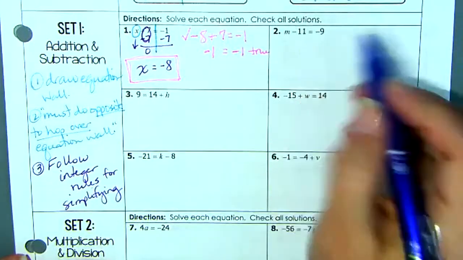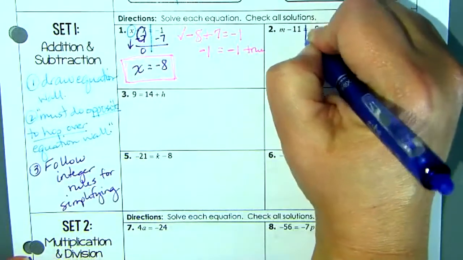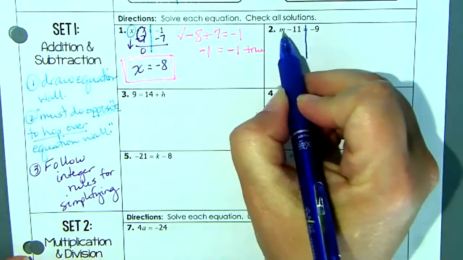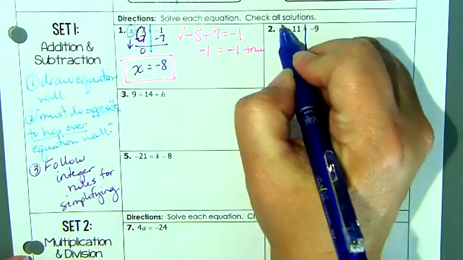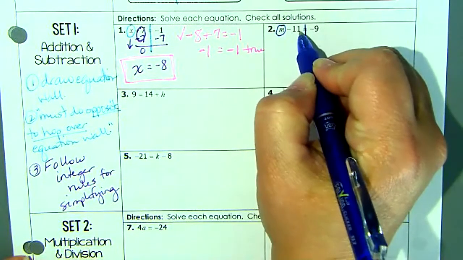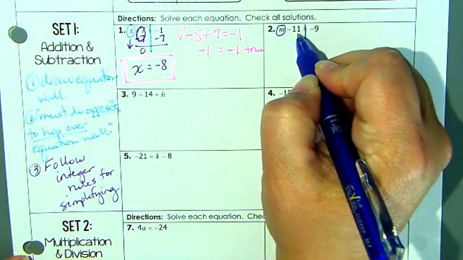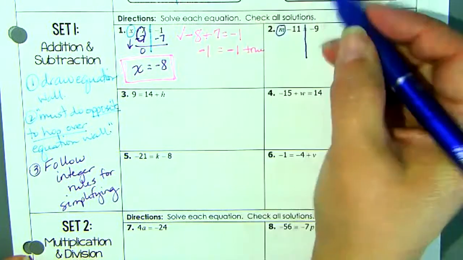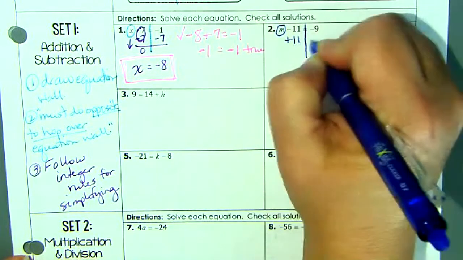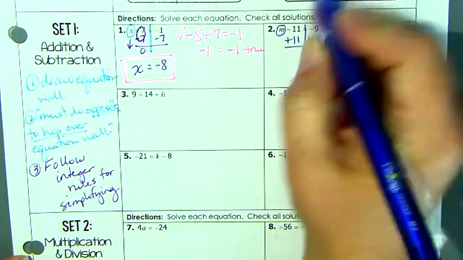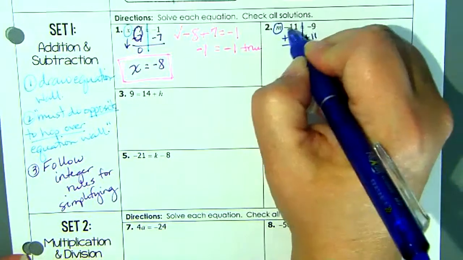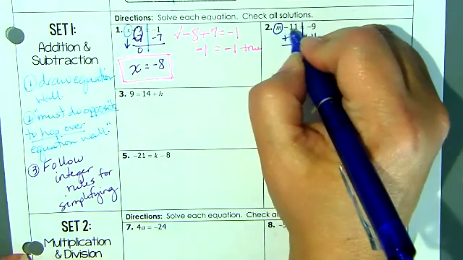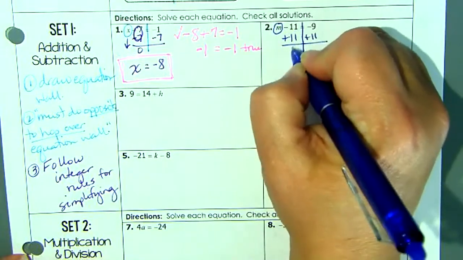Looking at number 2. Again, draw the equation wall, and I ask, what operation ties the variable to the number that's on the same side of the equal sign? Well, that's subtraction. How do I undo subtraction? The inverse operation is addition, so I'm going to add 11 to both sides. -11 plus 11 is going to equal 0.